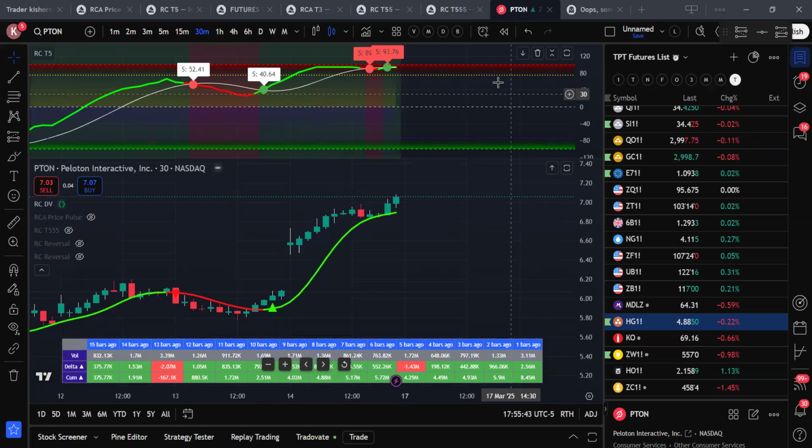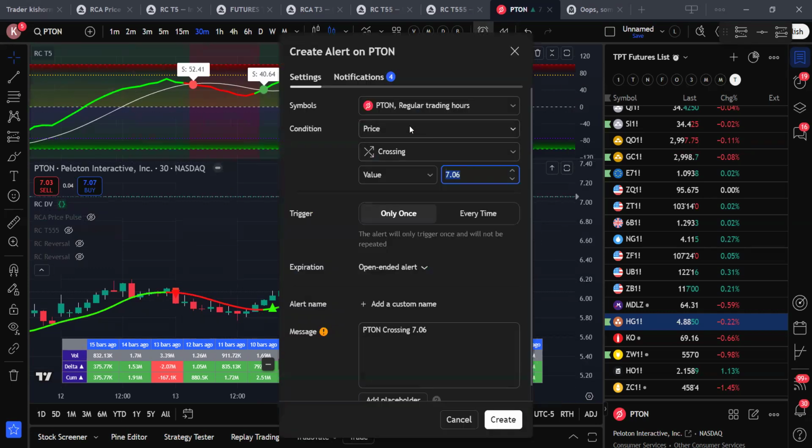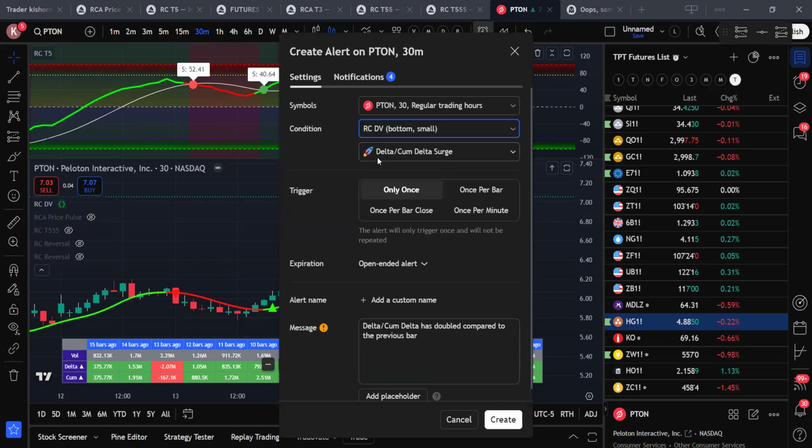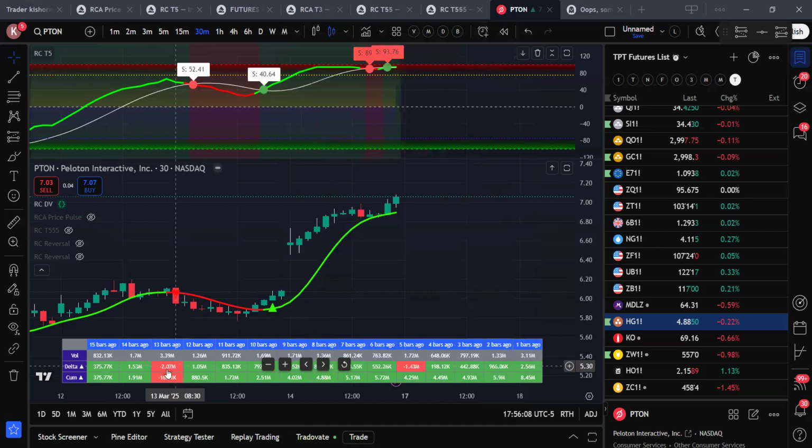So I can create an alert saying, okay, if my delta is going up, a delta surge. If the delta is suddenly becoming double, from 375,000 it became 1.5 million, that means the number of buyers increased 5 times. The relative volume increased so much. Immediately I'll get a notification: oh, PTON suddenly started going up. Or from minus 2 million, it became 1 million positive.